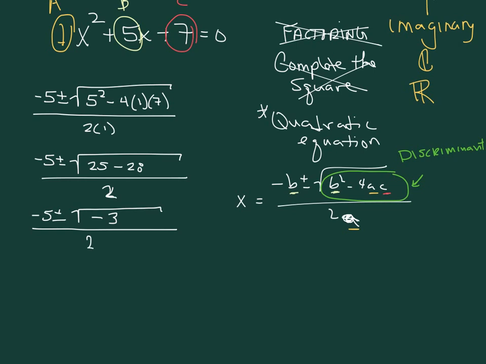Because the square root of -3, I can break apart into square root of -1 times square root of 3, all over 2.